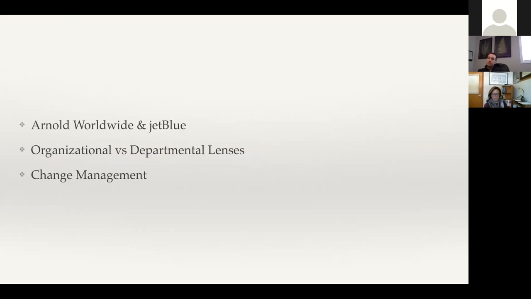I talked about Arnold and organizational and departmental ways of using a tool like this, but also thinking about change management. This applies both for yourself and for introducing it to an organization. What's likely good about change management in this respect is you're going to have a lot of ownership. If you go up to your executive director and say, here, I have something I think we should do to organize everything across the program, of course that's going to meet with some resistance.